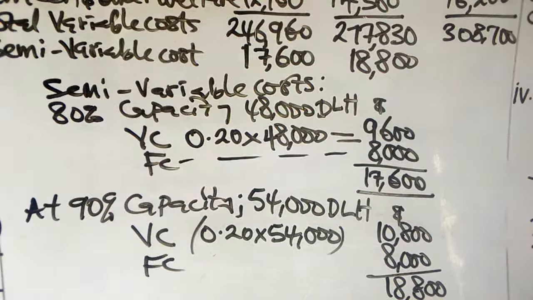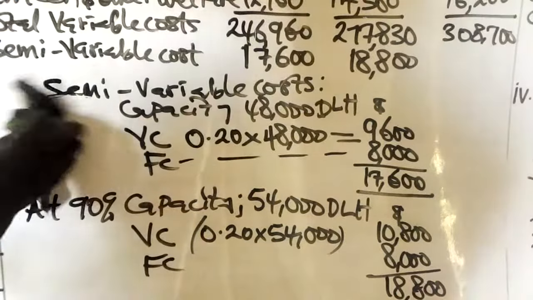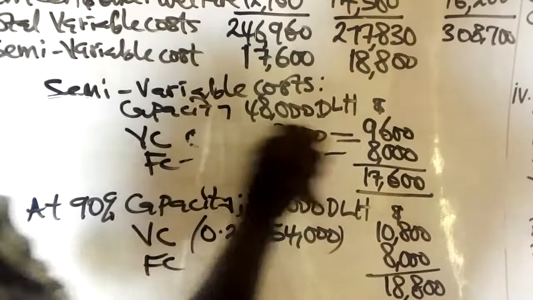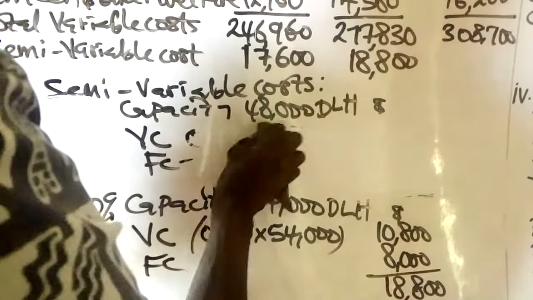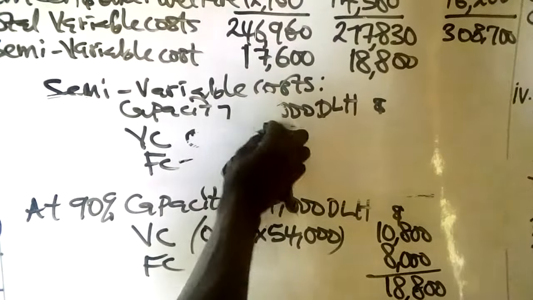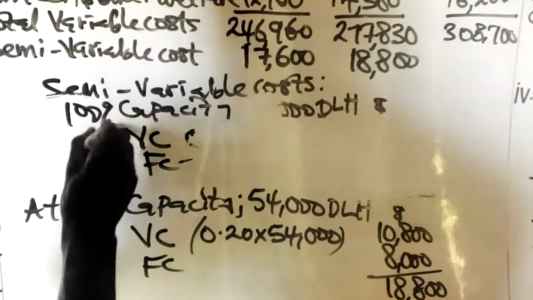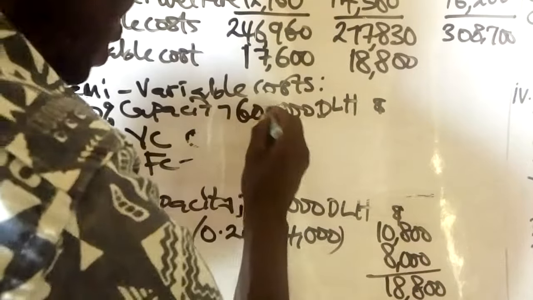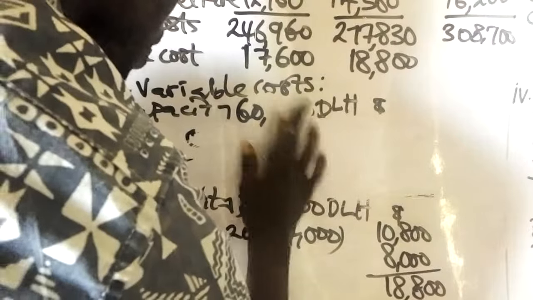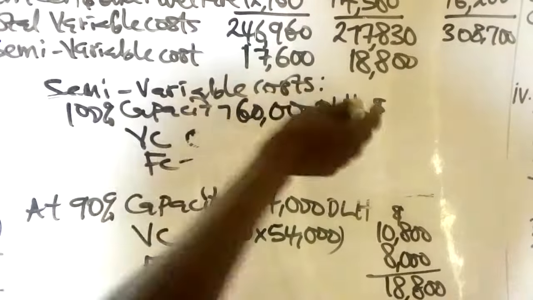Then you can also compute the semi-variable cost at 100% capacity, which amounted to 60,000 direct labor hours.